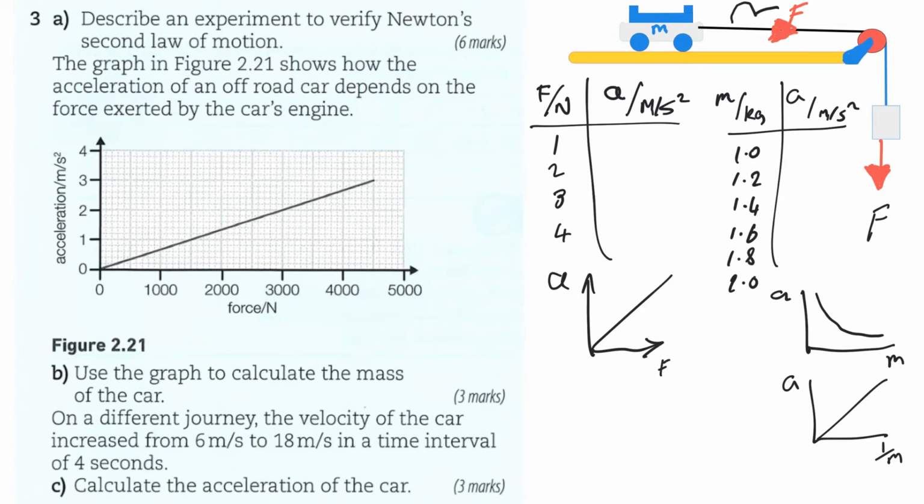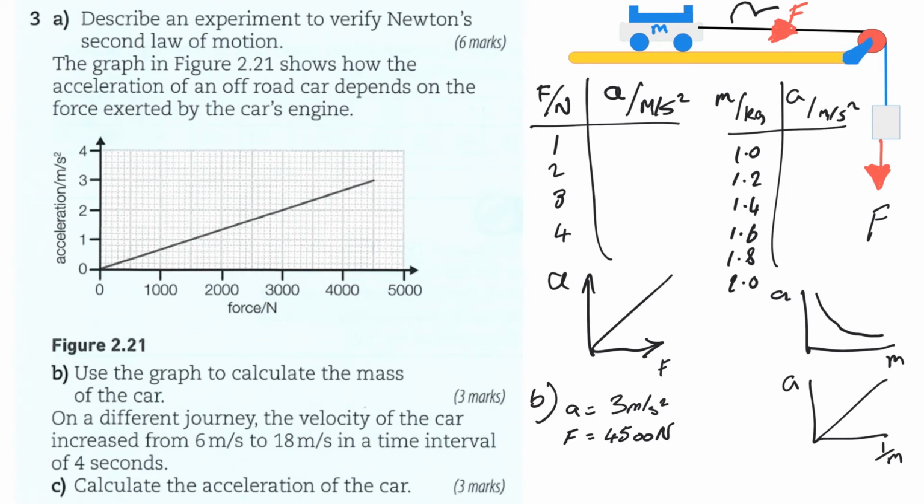Second part of the question then shows you one of these acceleration versus force graphs, like the one we drew first here. Use the graph to calculate the mass of the car. Okay, so we have some accelerations for some various forces, and you can see here at the top of the graph that we're getting an acceleration of 3 when the force value is 4,500.